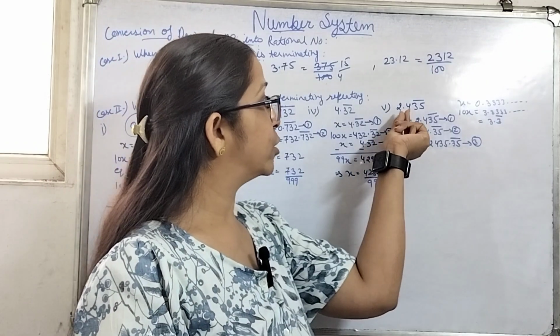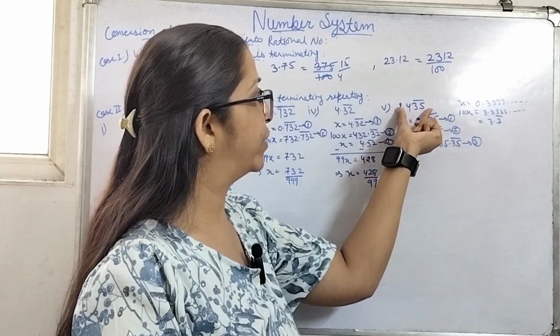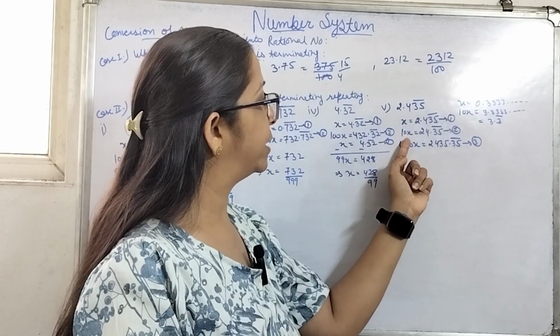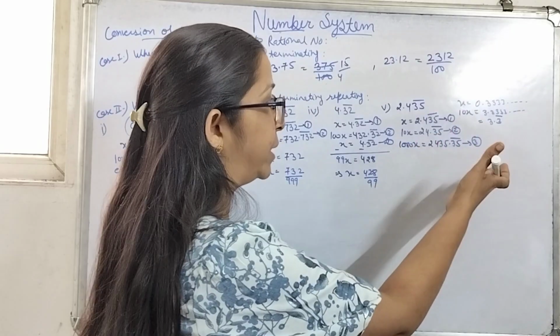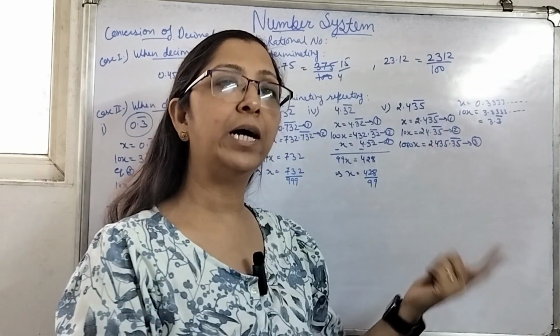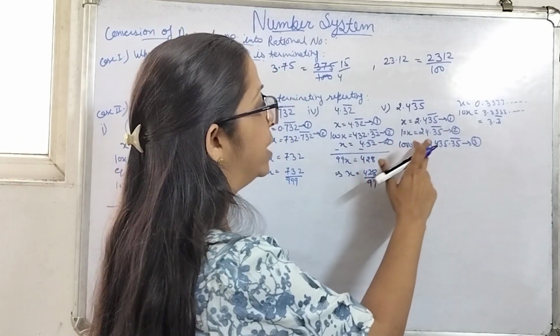What we had done is, because one of the numbers was not repeating, first we multiplied what we had assumed as x by 10. So this has become 10x is equal to 24.35 bar. Now because two numbers are repeating, again we multiplied equation number 2 by 100. So 10x multiplied by 100 becomes 1000x is equivalent to 2435.35 bar.